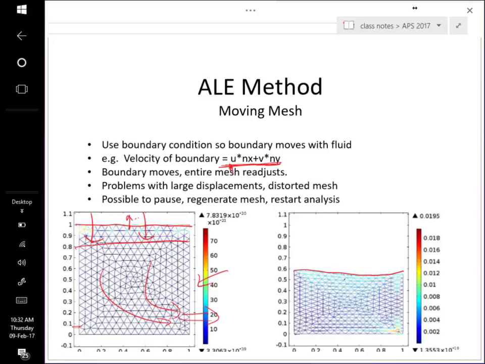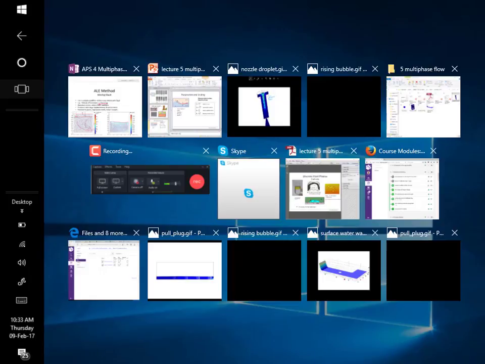It's possible, though, to set it up so that when the mesh gets compromised enough, it stops and then automatically remeshes. So that's one way to extend the duration of these kinds of solutions. So let me show you an example of that.